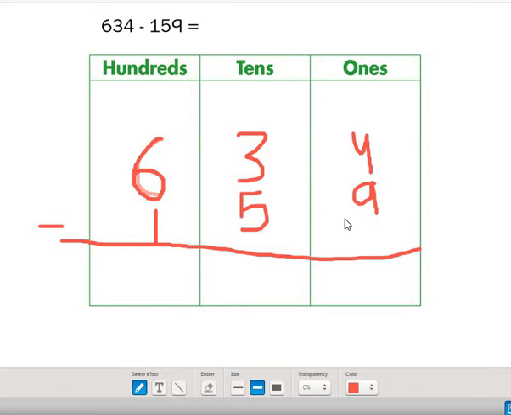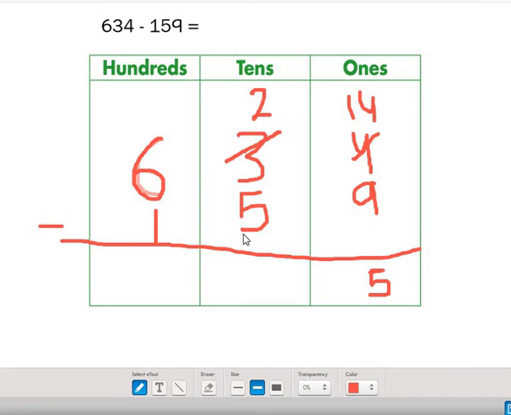It's not allowed. So we have to regroup. We will regroup 10 as 10 ones. So this 3 is going to be 2, and this 4 is going to be 14. Now 14 minus 9 equals 5. Excellent, grade 2.